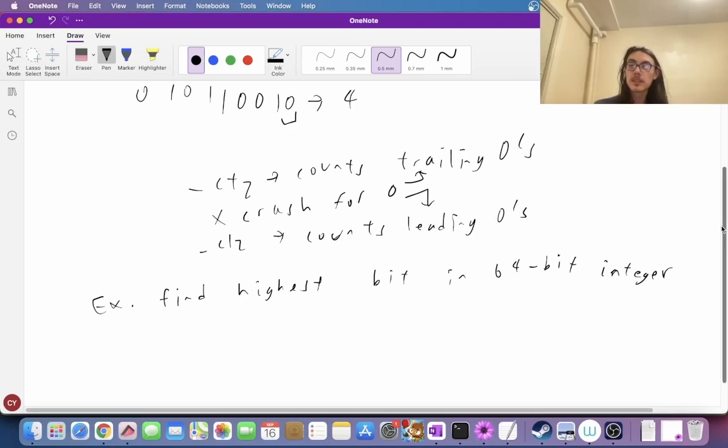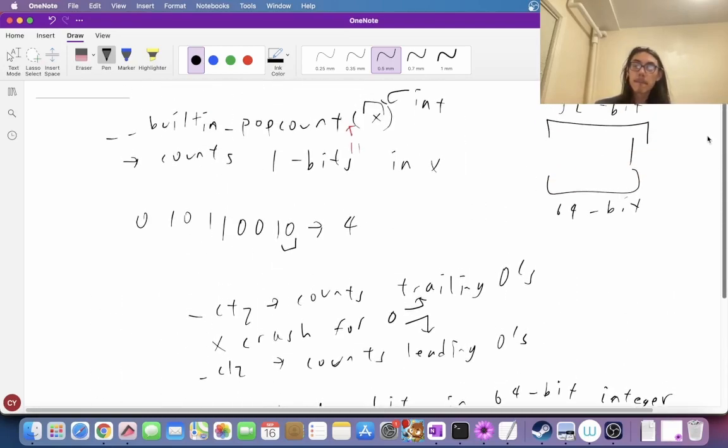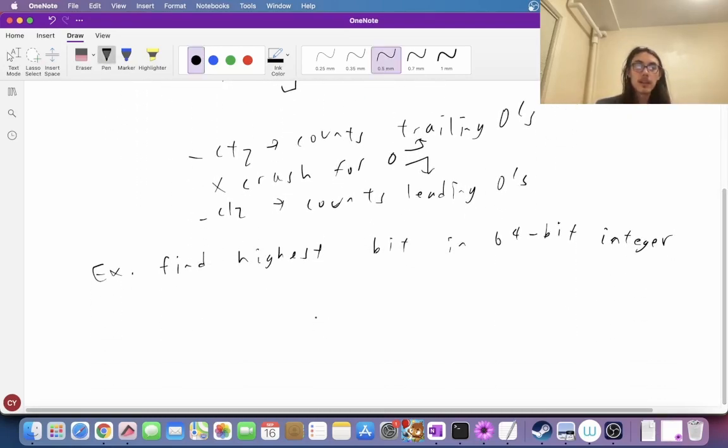So the highest bit, you can determine it by using the number of leading zeros, because the highest bit is the first thing that's not a 0. So for example, say it tells you that there are 4 leading zeros, which means that you're here, this is one position, and then the rest of it is whatever the rest of it is.